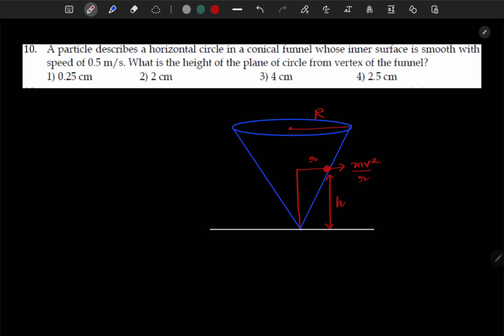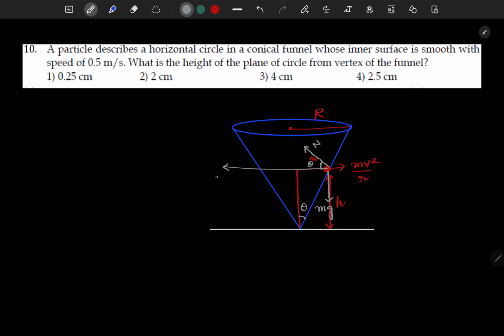Now we'll draw the forces acting on it. One is the gravitational force, which is acting vertically downwards, mg. The other is a normal force, which acts perpendicular to the surface. If you observe, this angle is theta, so this is 90 minus theta. Therefore this would be theta.